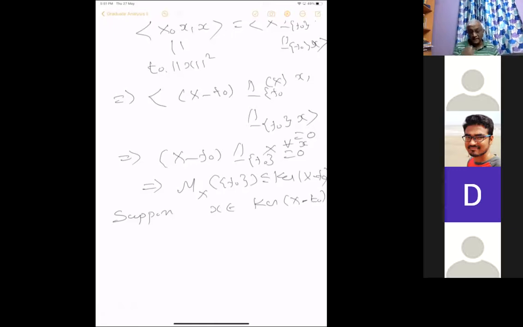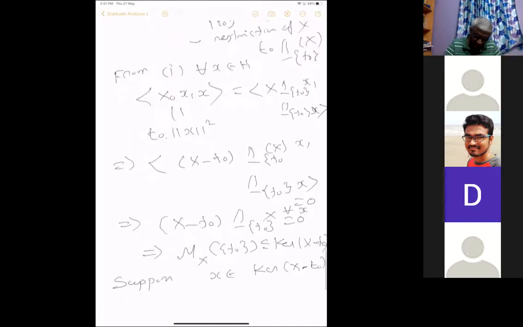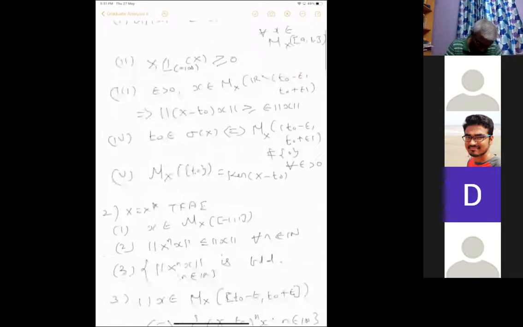Okay. So x is in the kernel of T naught. Then we have that inequality. Let me look at it.